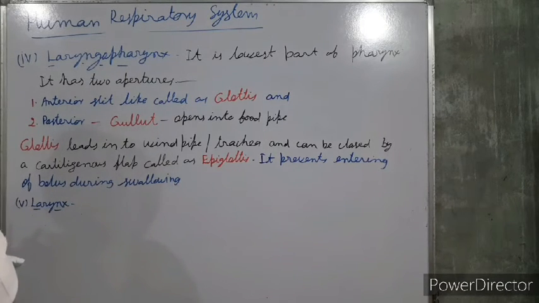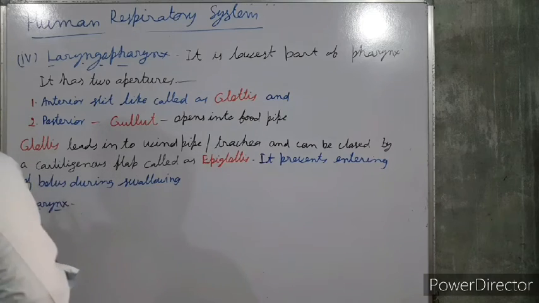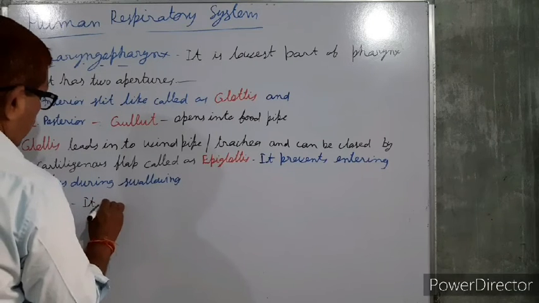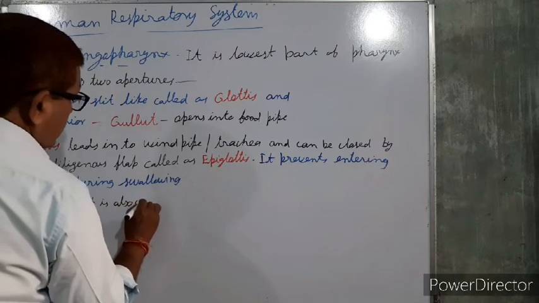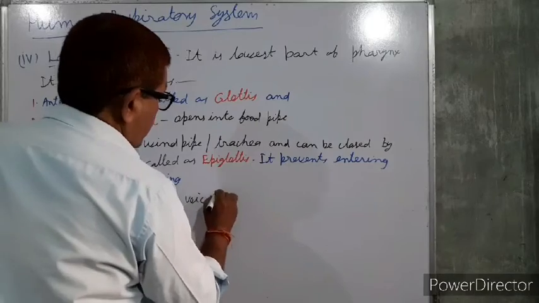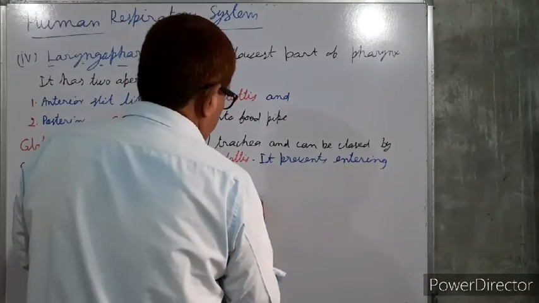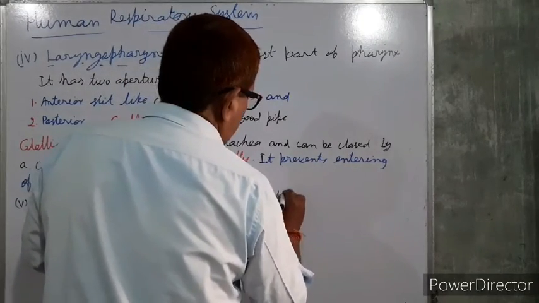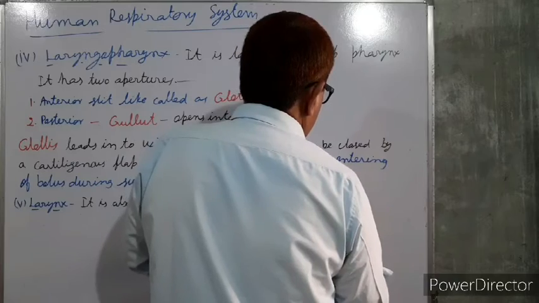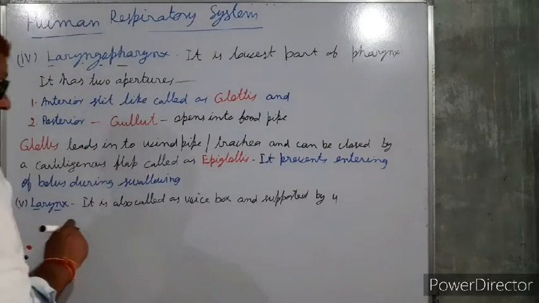It is also called the voice box, meant for the production of sound, and supported by four cartilages.